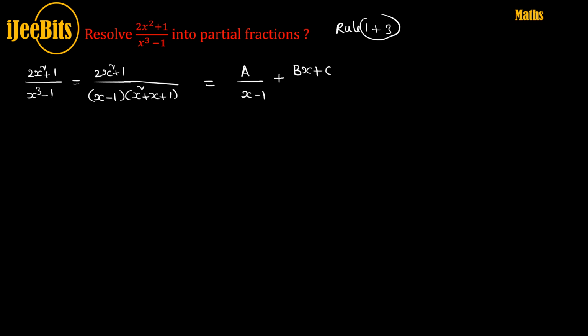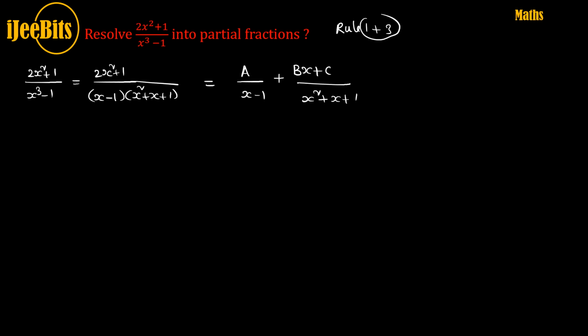That's how the partial fractions can be decomposed using rule number 3, divided by x² + x + 1. This is how we split a given fraction using rule number 3.